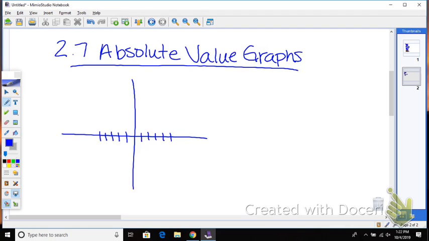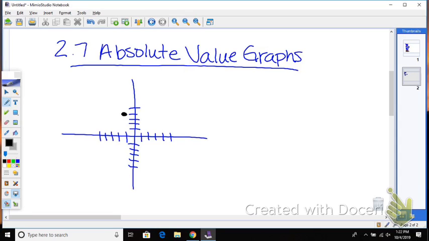Okay, draw this graph. This will be your first example. Okay, so I'm going to draw a graph. There's your vertex.